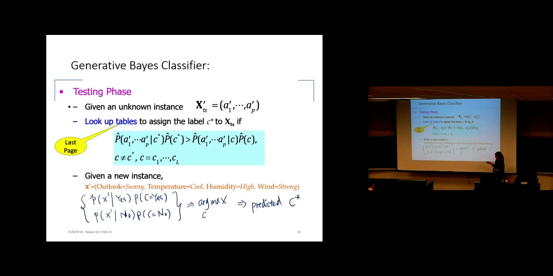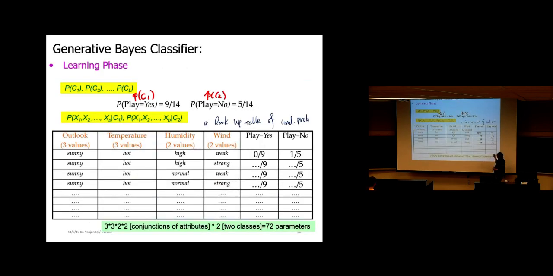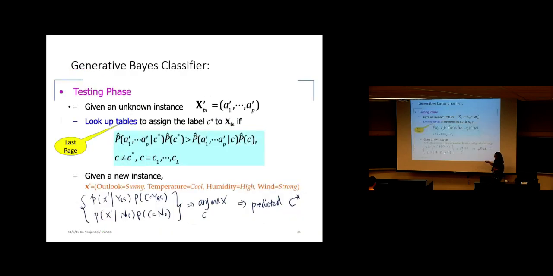And times P(yes). And then what is this combination conditioned on no, from the no table? And then times P(C = no). And then for these two calculated values, which one is bigger? You assign the classification as the one that gives you the bigger probability.